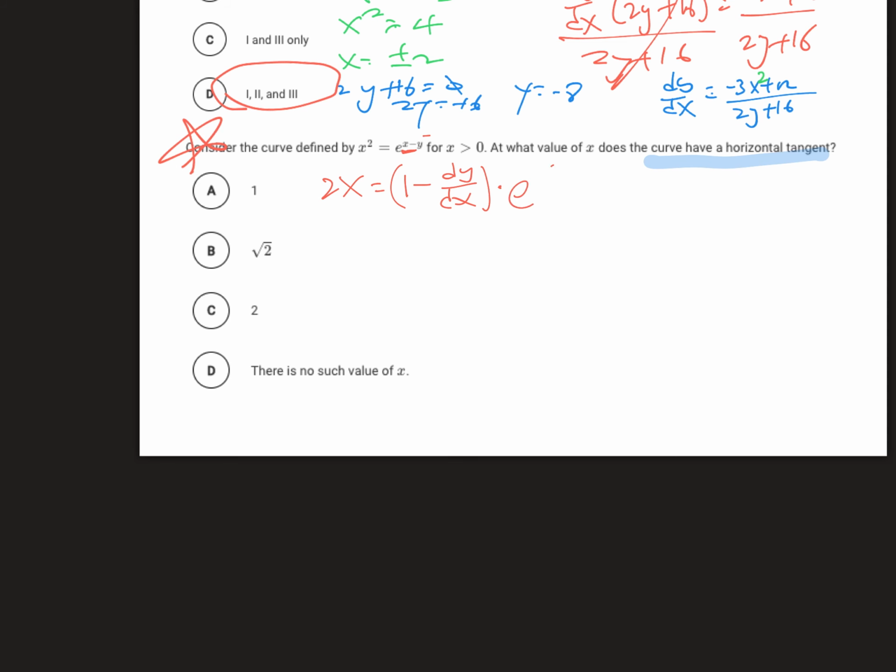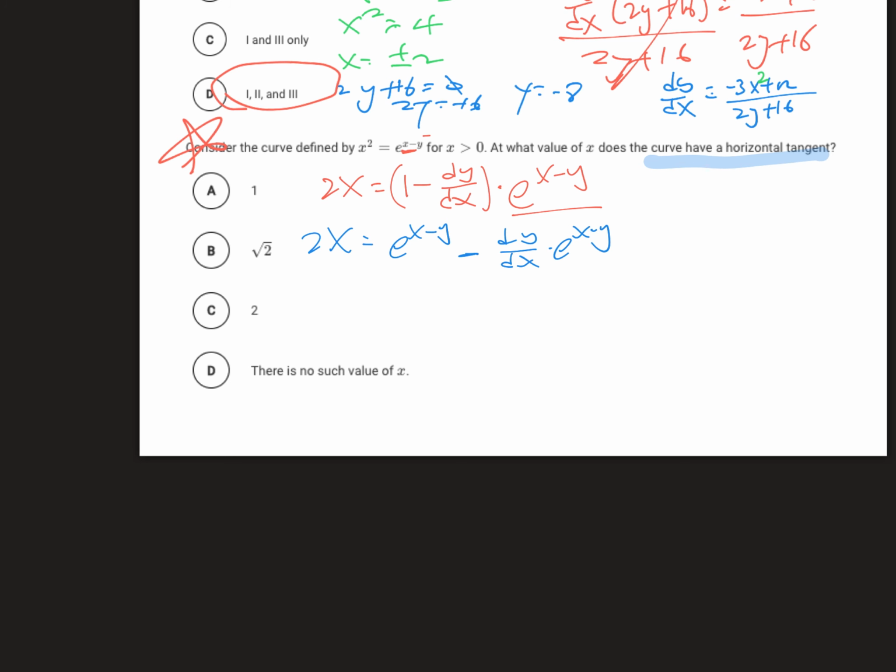We know that e just stays the same, so it looks like this. So I'm going to choose now to distribute the e to the x minus y to help us solve. So we have 2x equals e to the x minus y right there, minus dy dx times e to the x minus y.